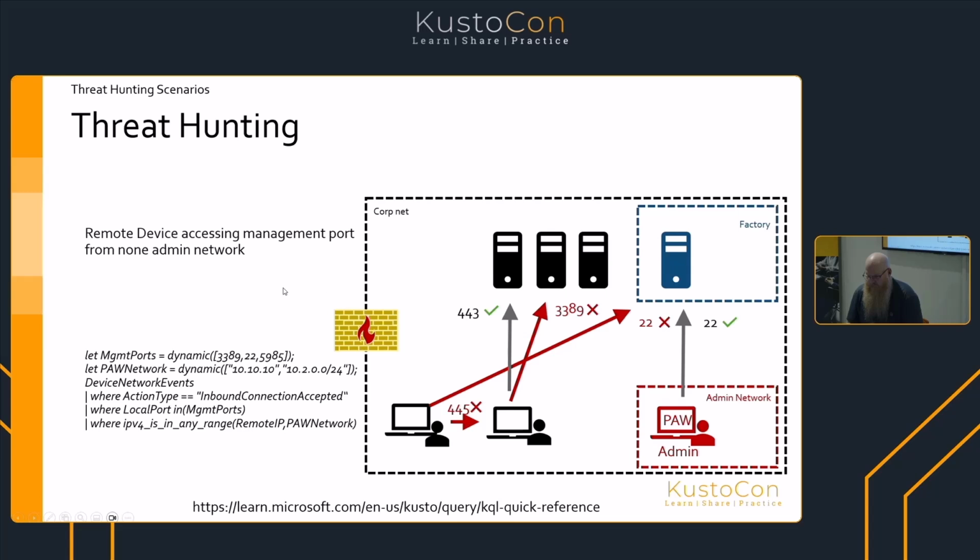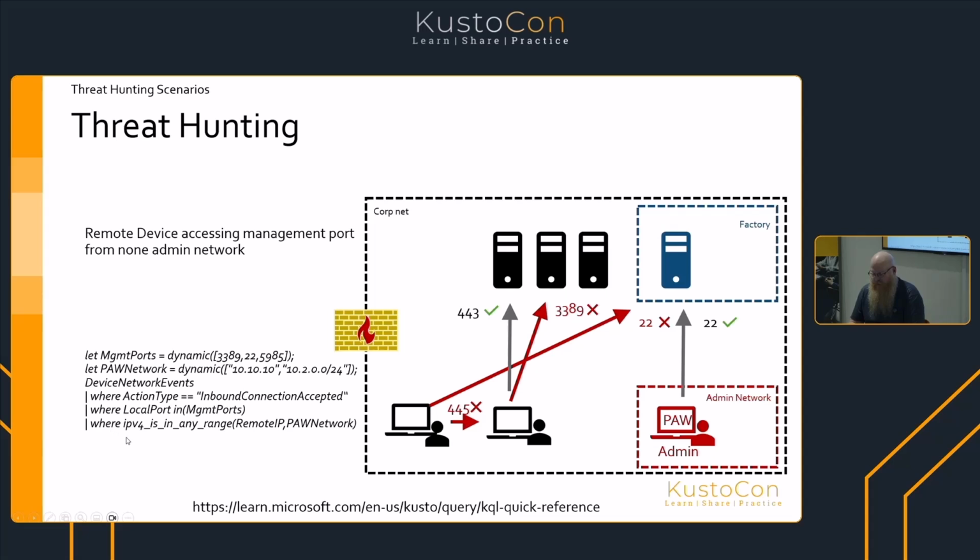In this case, it's WinRM and also RDP. I also define the privileged access workstation network and continue the query with device network events. And then I want to look for where the action type is inbound connection accepted. So I look at the remote devices when they have inbound traffic.